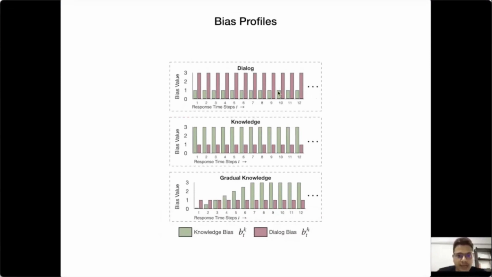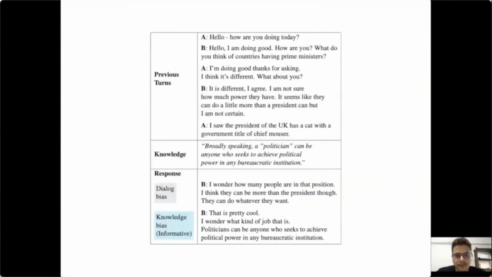We have the dialogue bias profile, which emphasizes the dialogue part of the conversation, and the knowledge bias profile, which biases towards the knowledge snippet. And then we have a time varying bias profile, which is called gradual knowledge, which basically, as time proceeds in the response, the emphasis is given more and more towards the knowledge. So it switches from priority to dialogue, then towards knowledge.